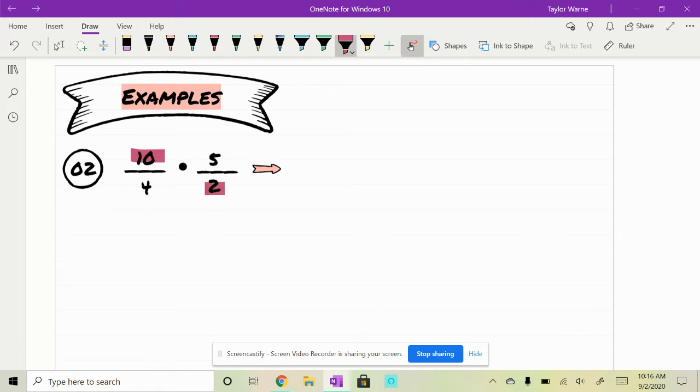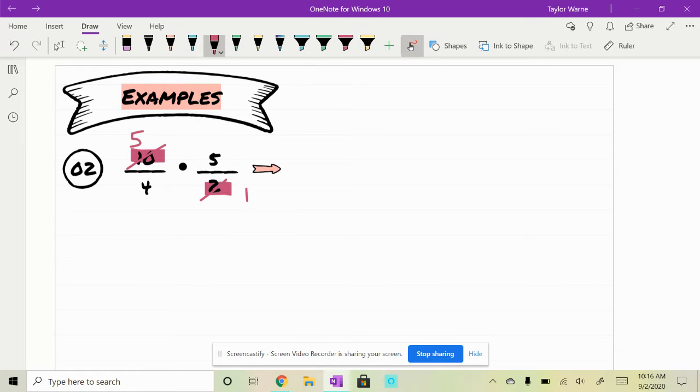And then we are going to look at the denominator in the second fraction. So we have 10 and 2. And we are going to evaluate and see if we can simplify them any further. So what number goes into both 10 and 2? The answer is 2. So 2 goes into 10 5 times, and 2 goes into itself 1 time.